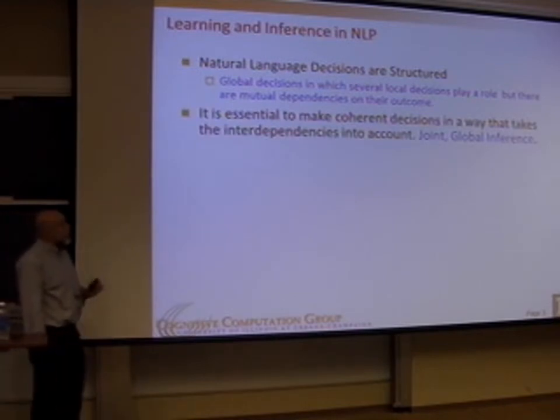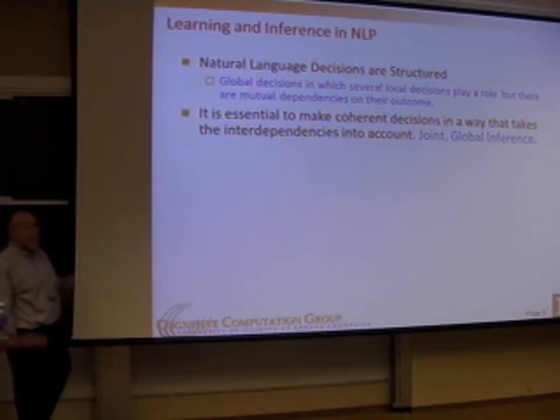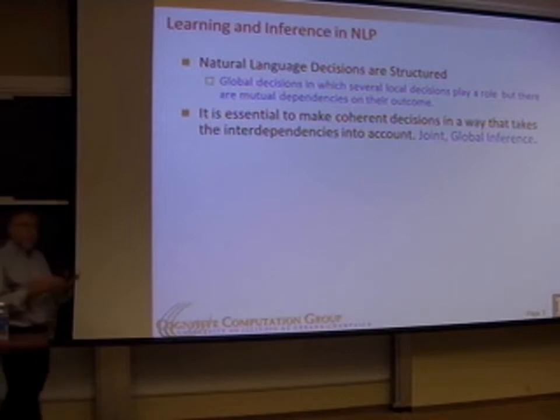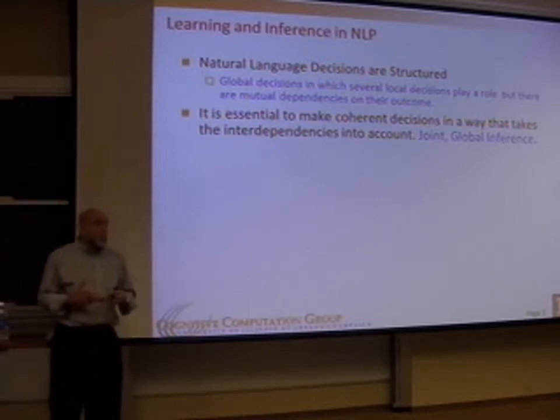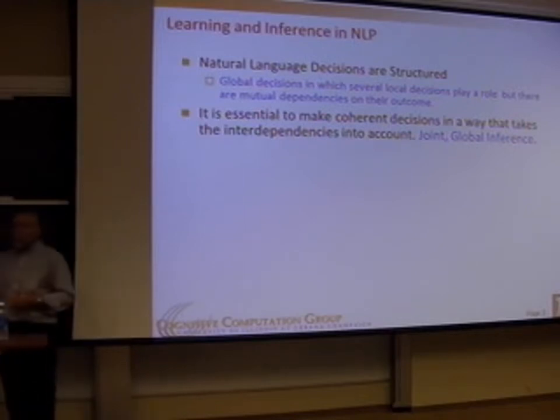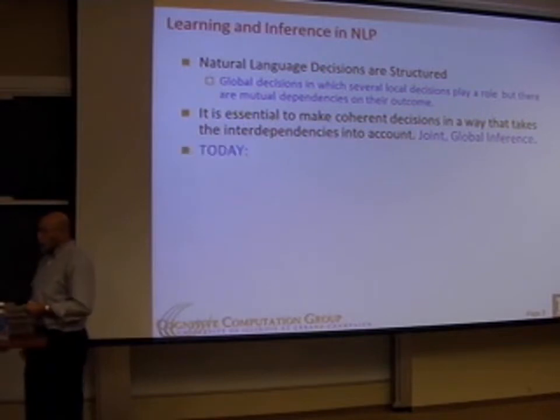So it's essential to make coherent decisions, taking the interdependencies into account. In the puzzle that I asked you, each one of the components had multiple interpretations, but in the context of putting them on one slide and asking you a question, which meant that there is some meaning here, you could disambiguate them and solve them.